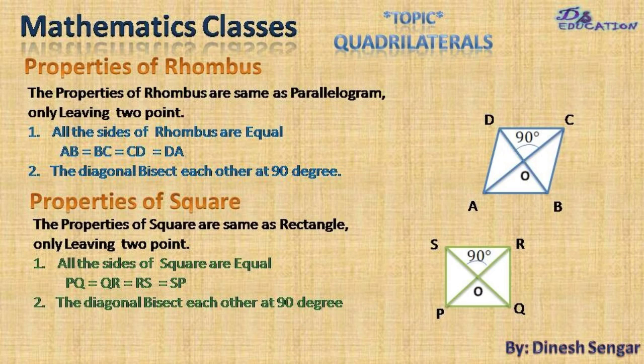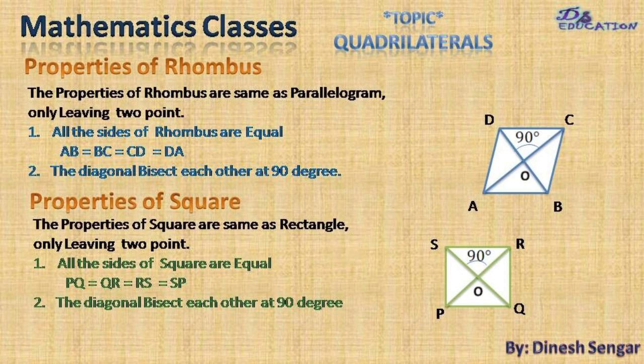Now if we have to see the square, we have to go through the properties of a square. The properties of a square are the same as a rectangle, only it also has 2 different points. That is, all the 4 sides are equal. That is, PQ is equal to QR is equal to RS is equal to SP.